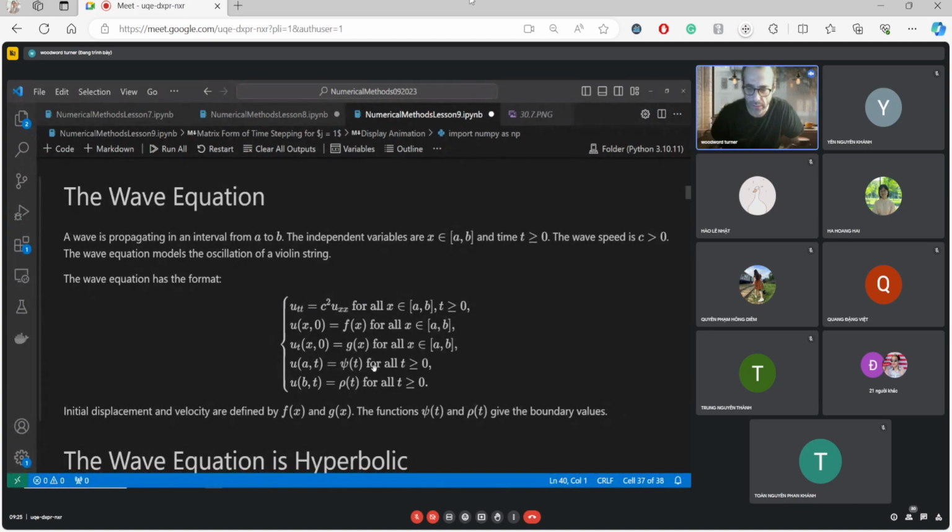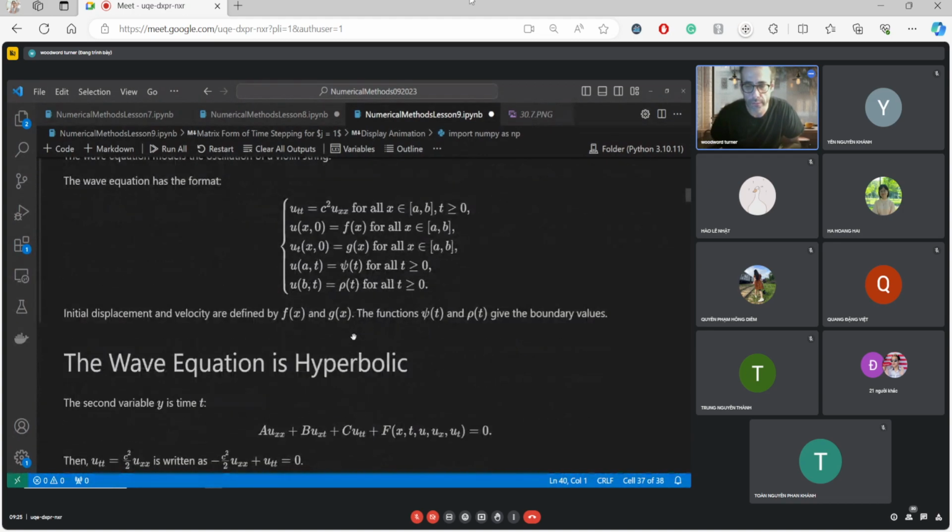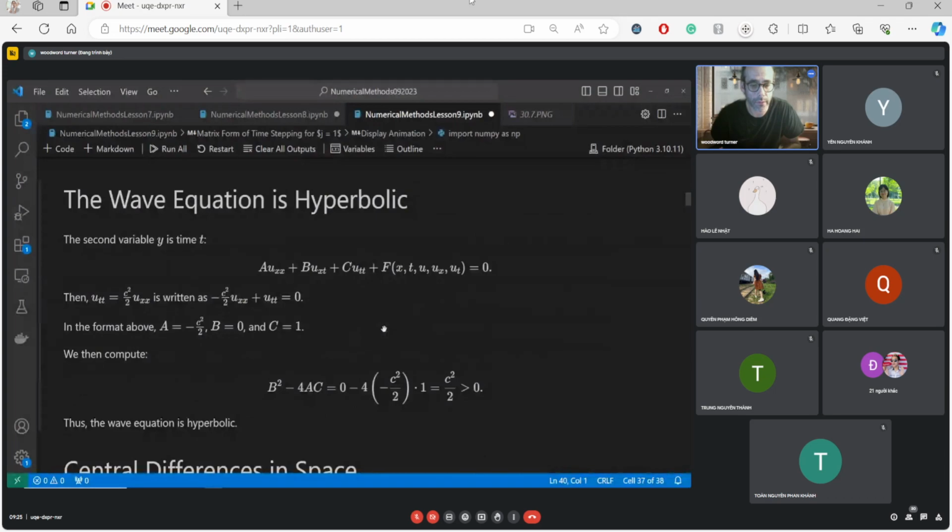In this situation, the central differences will be applied twice, so we'll use these to approximate the space derivatives. And then we'll add a time-stepping formula to advance the solution in discrete time steps. So we'll go all through that, and we'll see how that works.